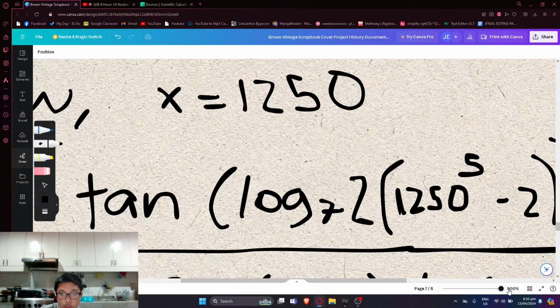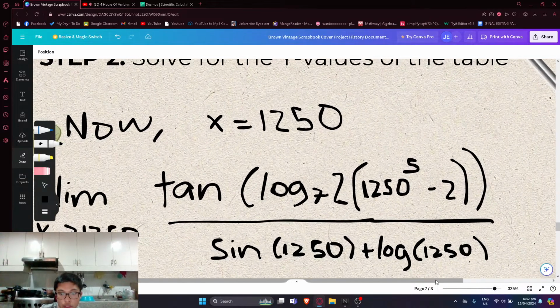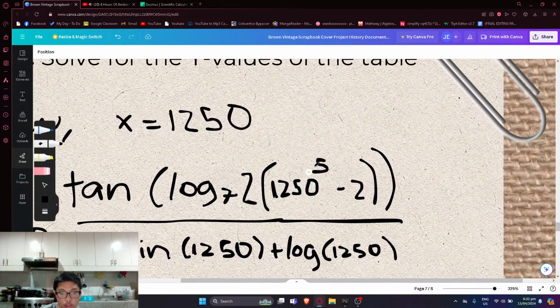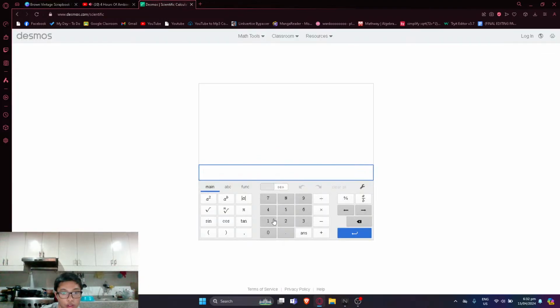So first, let's solve for this using the PEMDAS rule, parenthesis and exponent. So we have 150 to the 5th power. 150 to the 5th power. Alright. We have minus 2. We get 3.05.